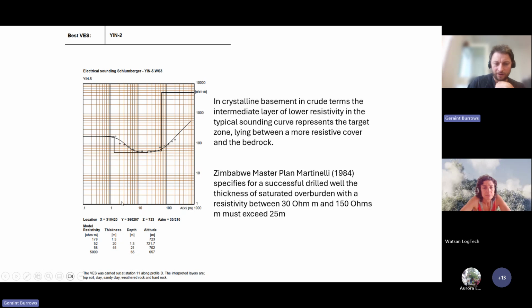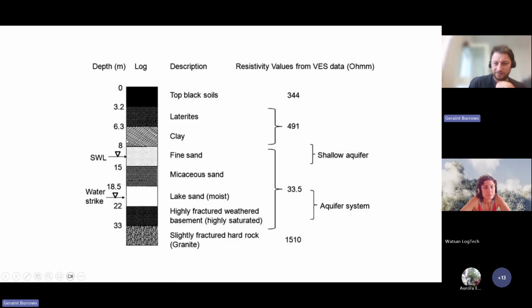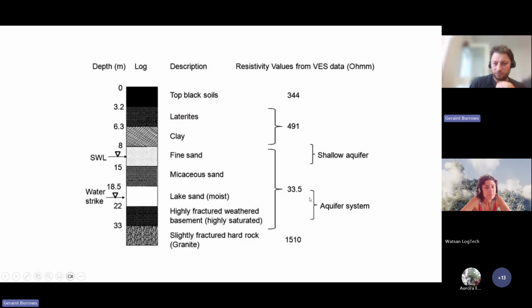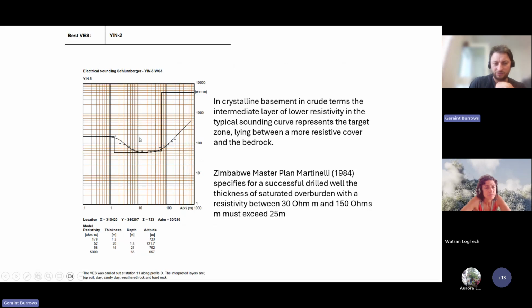So they're looking for this layer here to be at least 25 meters deep, with a resistivity of between 30 and 150 ohm-meters, to have a successful borehole.